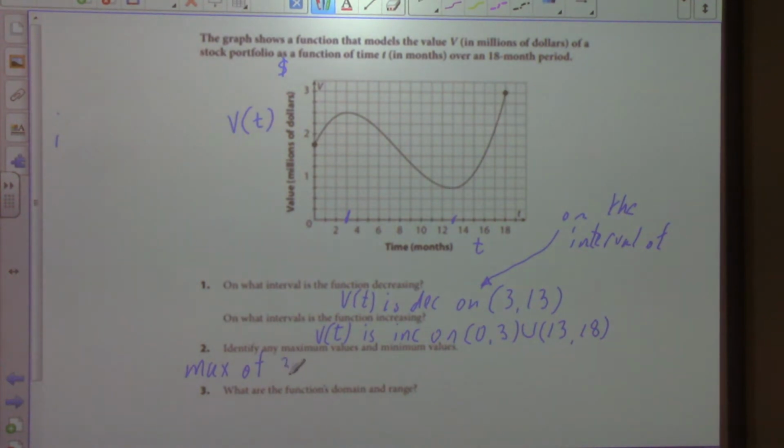3, and usually we want to say where it occurs. And where does that occur, the maximum of 3? At x equals 18, right? Any other maximums?